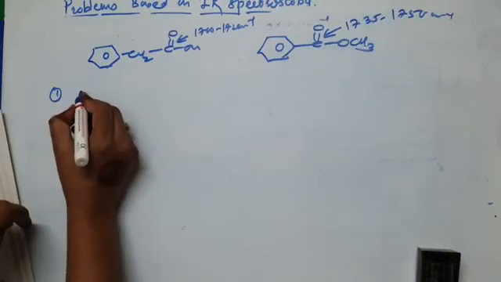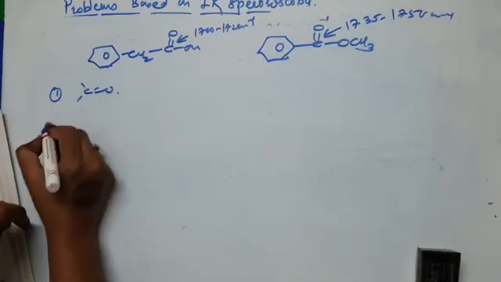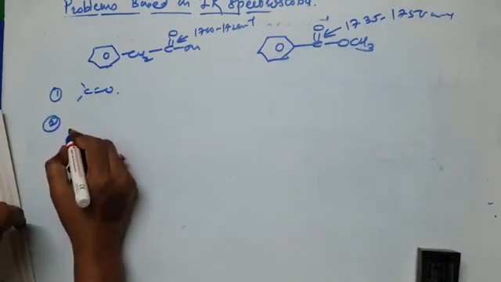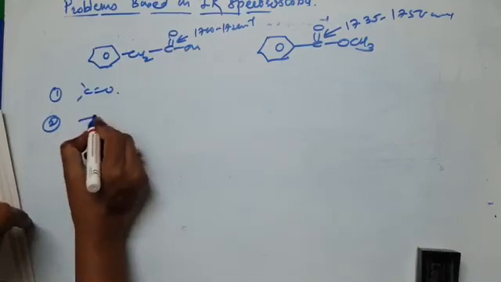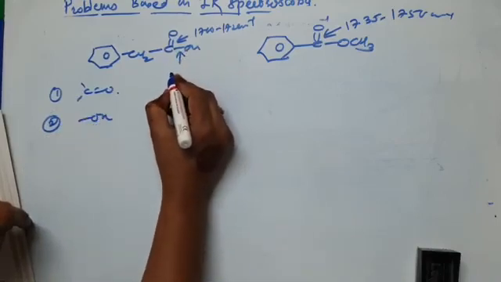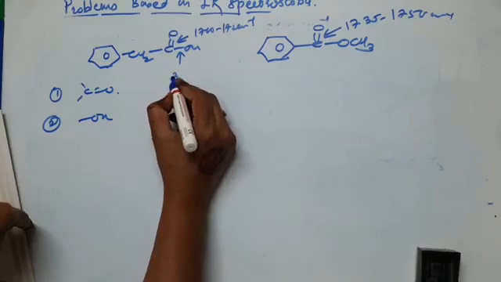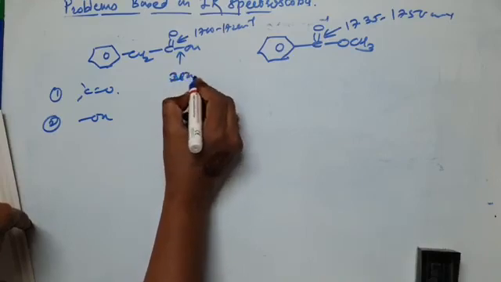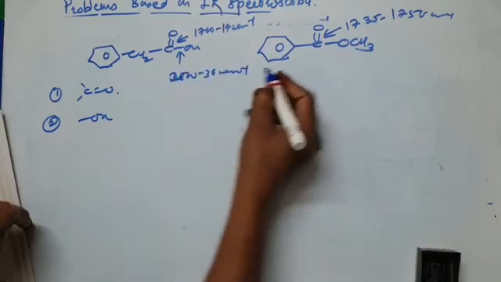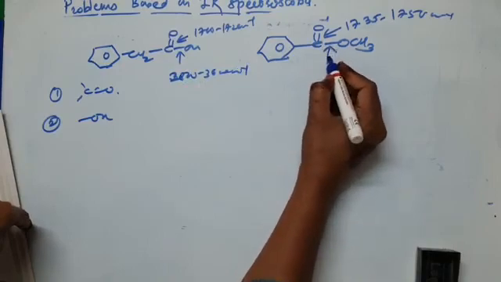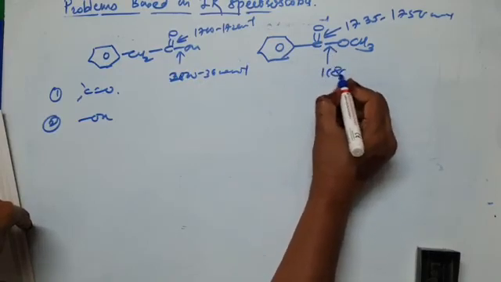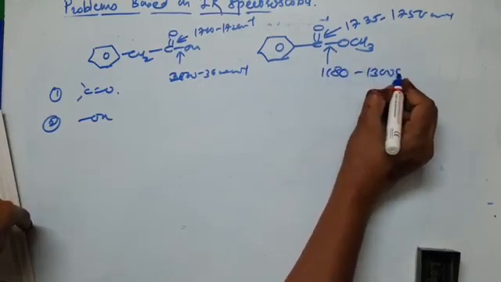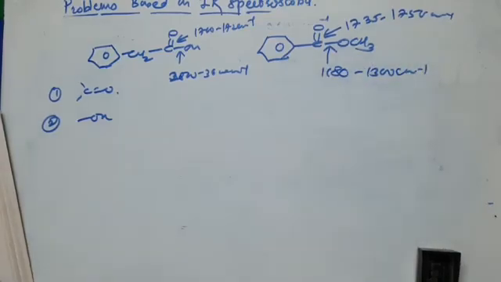The second point is the OH band, which is present only in the carboxylic acid near about 2500 to 3600 centimeter inverse, and the ester shows the C-O-C stretching, which appears at 1180 to 1300 centimeter inverse. So in this way we can distinguish between these two molecules.